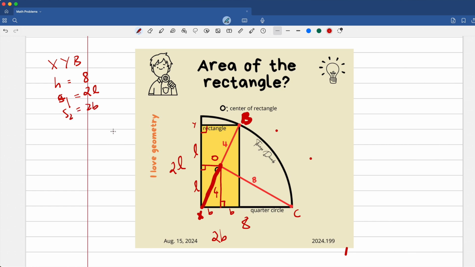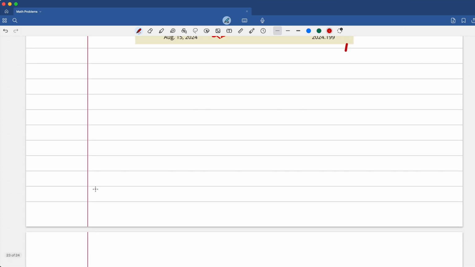Whenever you see a right angle triangle, you think Pythagoras theorem, so you basically say 8 squared is equal to (2L) squared plus (2B) squared, and therefore it gives you 64 is equal to 4L squared plus 4B squared, which means L squared plus B squared has to be 64 by 4, which is 16.